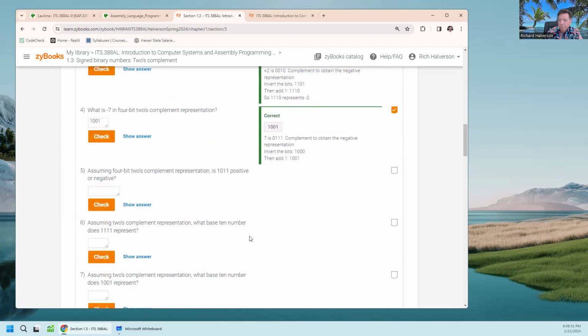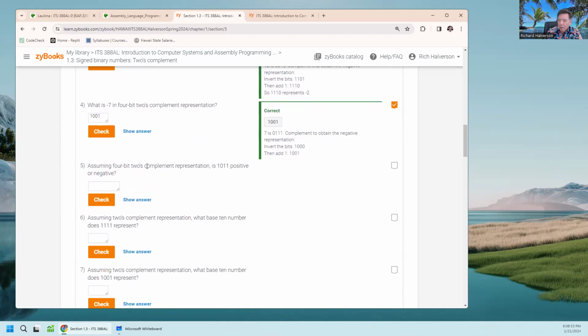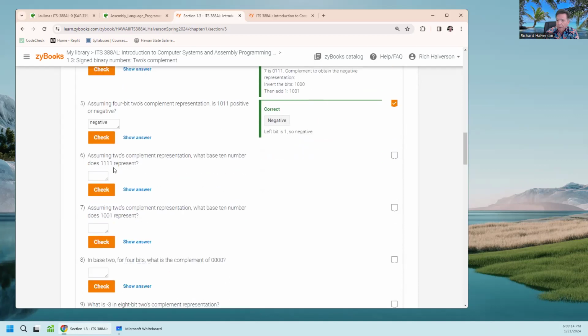All right. Assuming 4-bit 2's complement representation, is this positive or negative? Well, it's negative because it's got the 1. So that's right, negative. I guess I write negative. Assuming 2's complement representation, what base 10 number does 1, 1, 1, 1 represent?